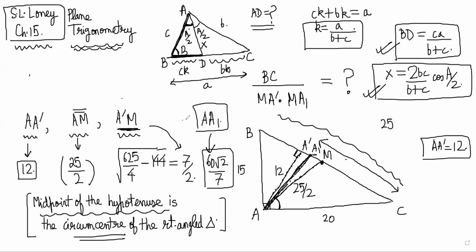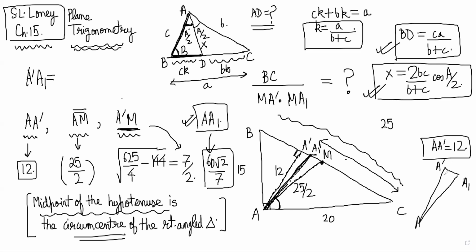So now we know the length of angle bisector AA1. From here, you can find A dash A1 now. And that comes by Pythagoras theorem in the right angle triangle A dash A1 A, right?